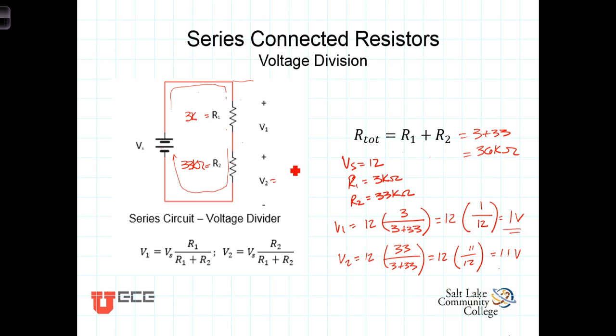So V2 equals 11 volts, V1 equals 1 volt, and the total voltage, 1 plus 11 equals 12, which is the total voltage drop across the two resistors.